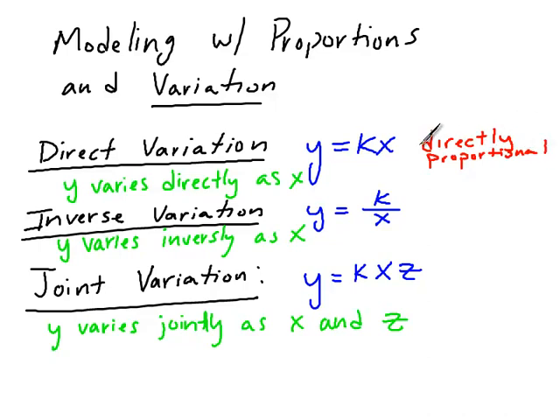If you heard that vocabulary, you would also think y equals kx. You would also hear or read inversely proportional. We don't really say jointly proportional; we would say varies jointly. But directly proportional and inversely proportional are synonymous with direct variation and inverse variation.